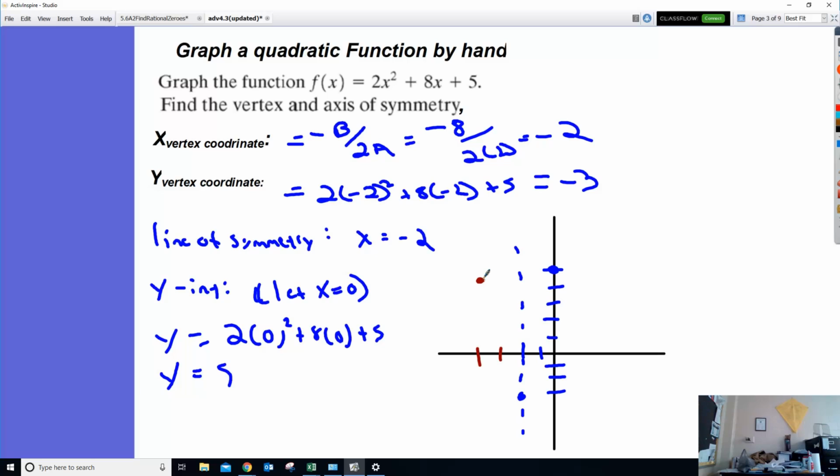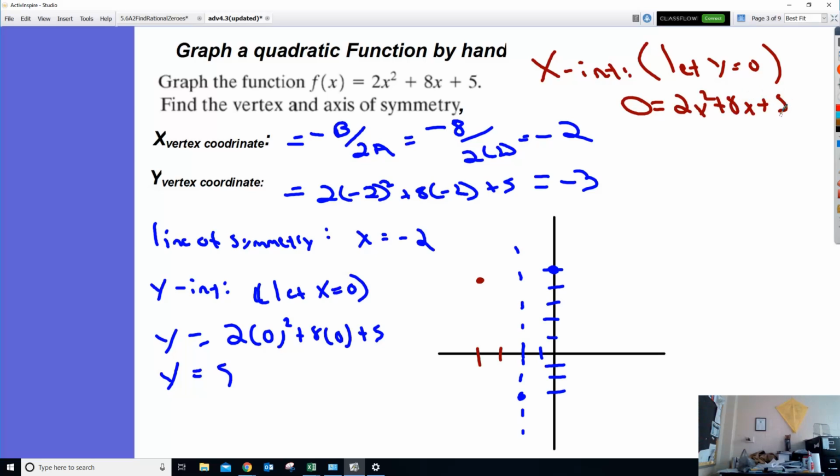X-intercepts. You might find an x-intercept. How do you find an x-intercept? Y equals 0. You'd have the equation 0 equals 2x squared plus 8x plus 5. Now, depending on how difficult this is, I may or may not do this.